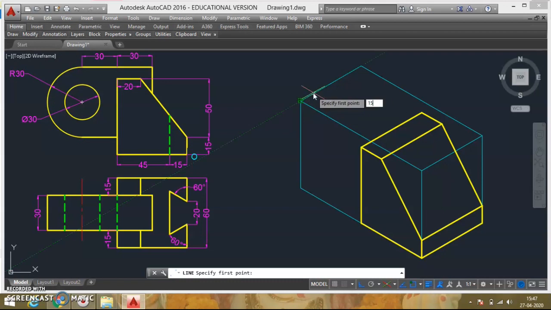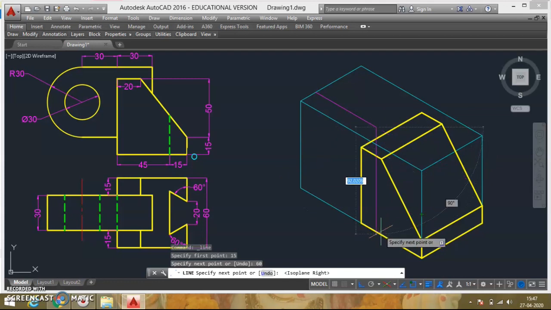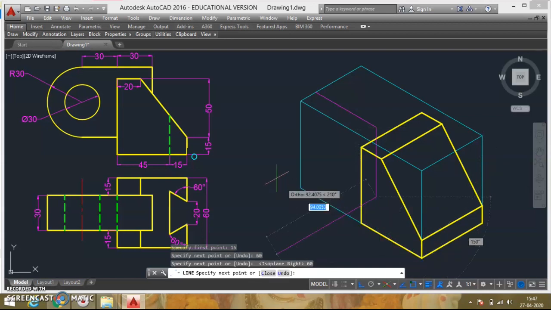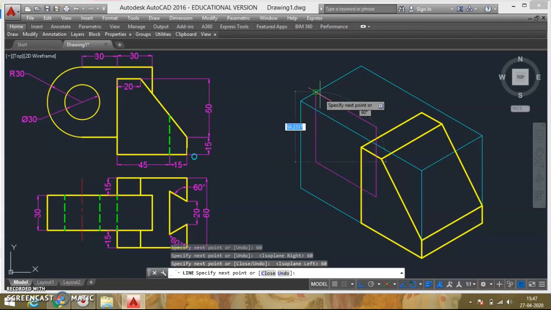I'll go 15 mm back, and from there I'll draw a 60 mm line here, then come down for 60 mm, then go on this side for 60 mm, and then go up for 60 mm. So the rhombus I have drawn is 60 mm because I want to draw this semicircle.